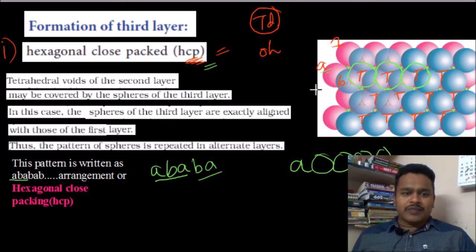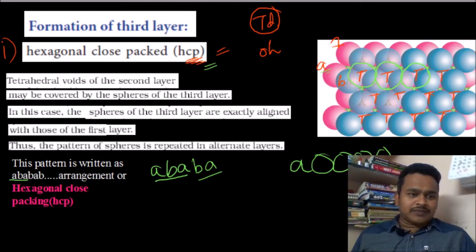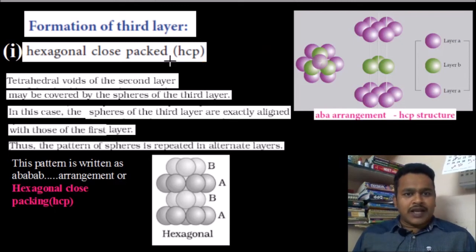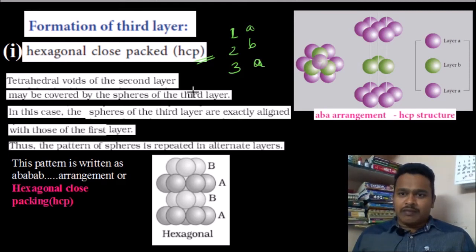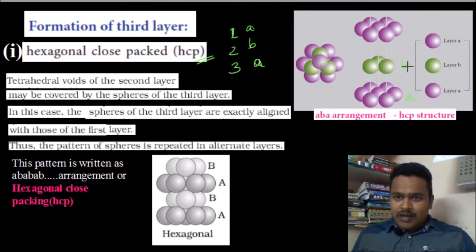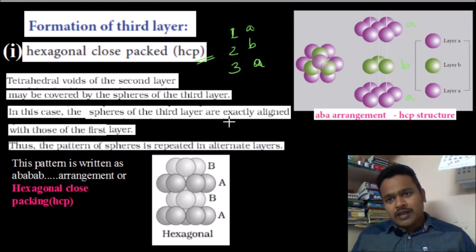And here the other point is, what is the coordination number? In hexagonal packing, we studied first layer over, second layer over, third layer over. First layer A, second layer B, third layer again A. That means A layer, B layer, again A layer.